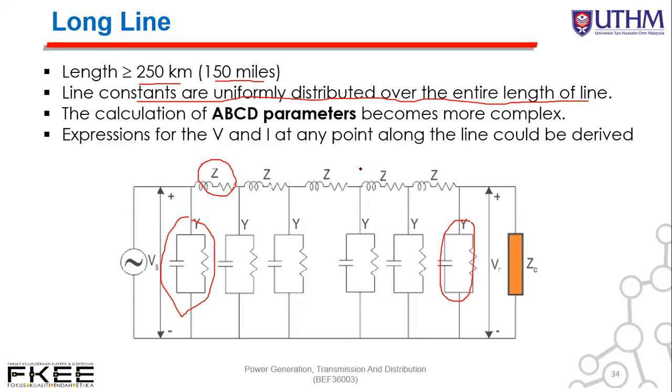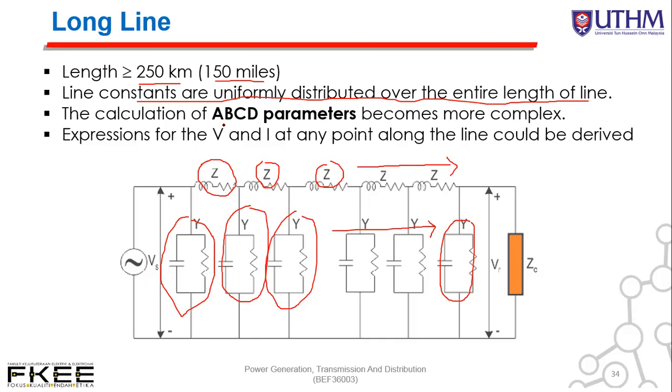But for the case of the long line model, we distribute all the impedance throughout the transmission line, and we also distribute the parameter constant of admittance or capacitance Y throughout the transmission line.